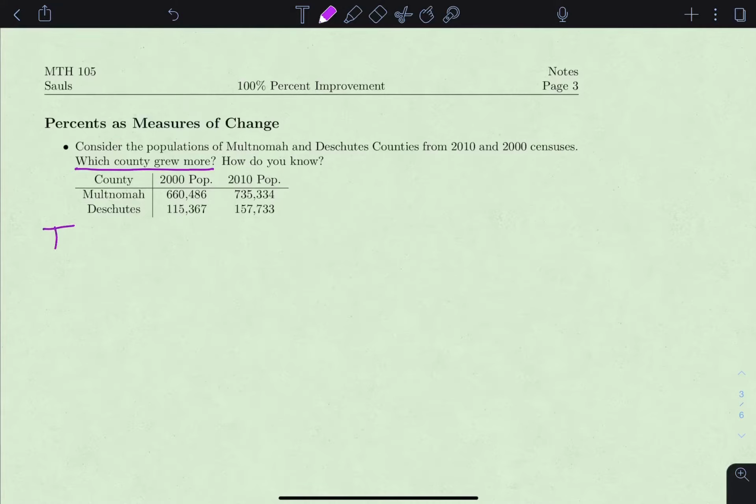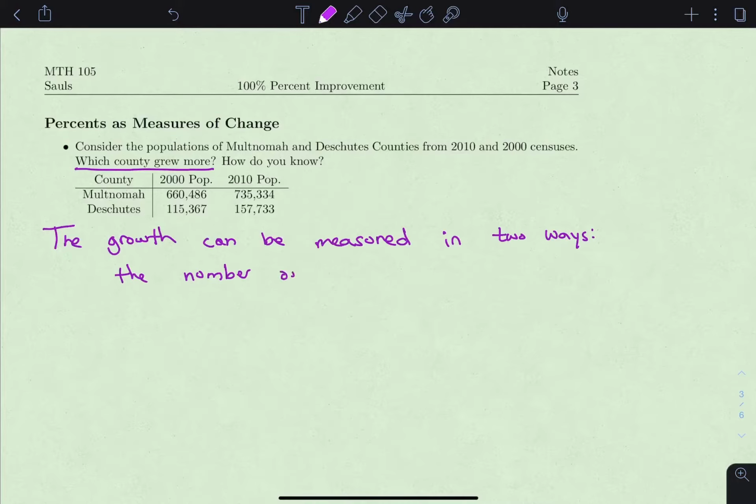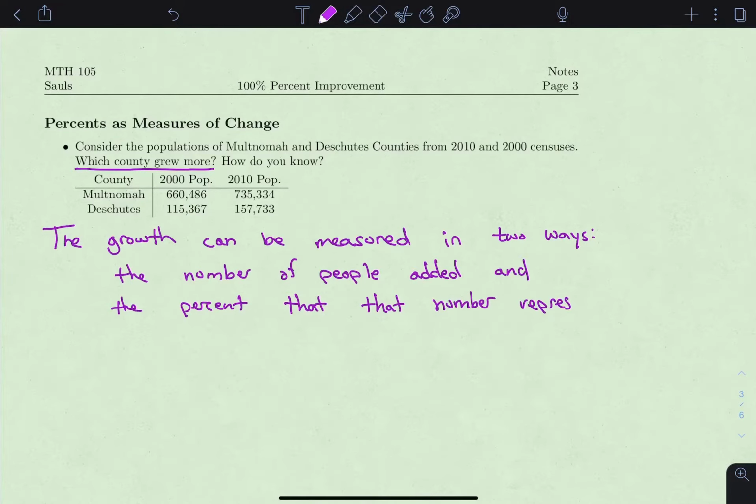So the growth can be measured in at least two ways: the number of people that changed, the number of people that were added, and the percent that number represents out of the whole.